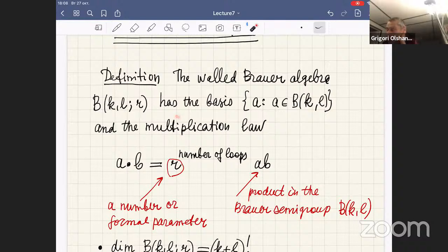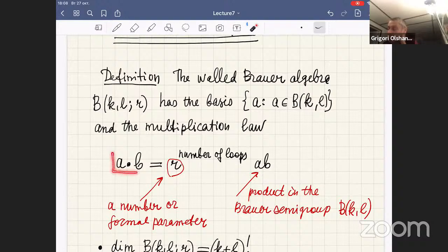It is a finite dimensional algebra, with a basis indexed by the elements of a Brauer semigroup, and the multiplication is given as follows.